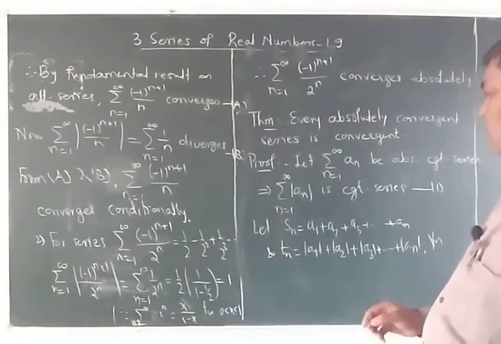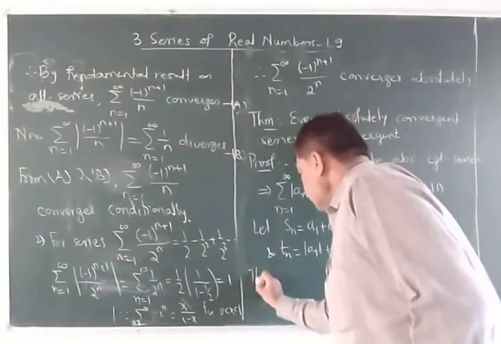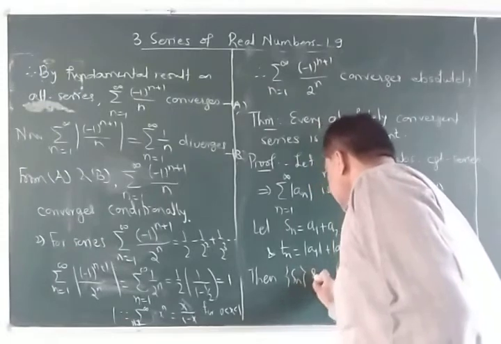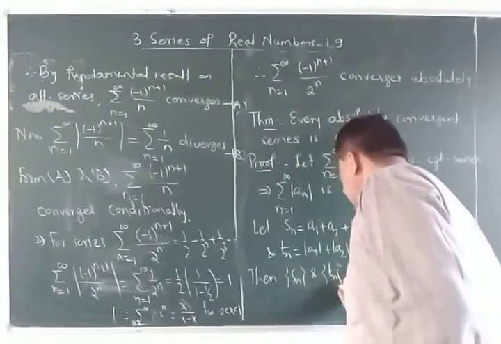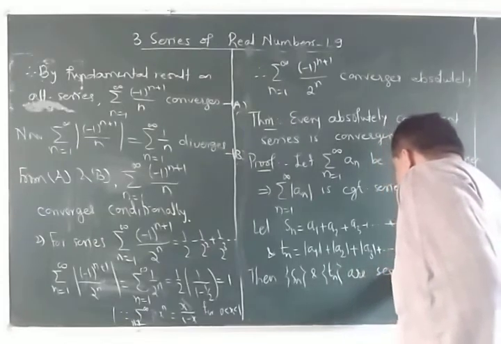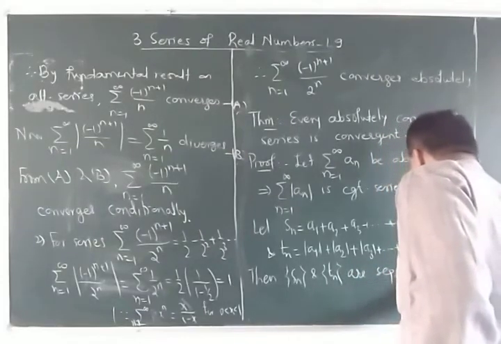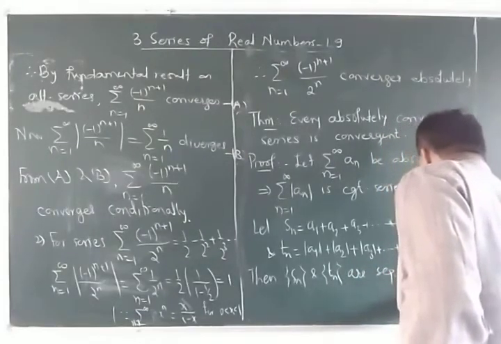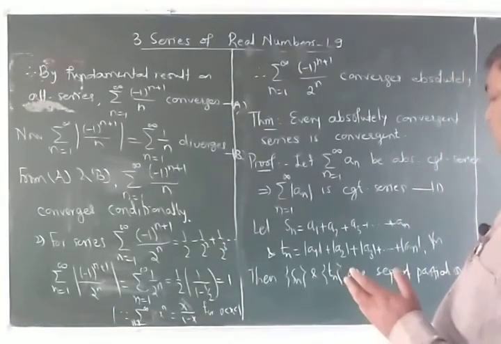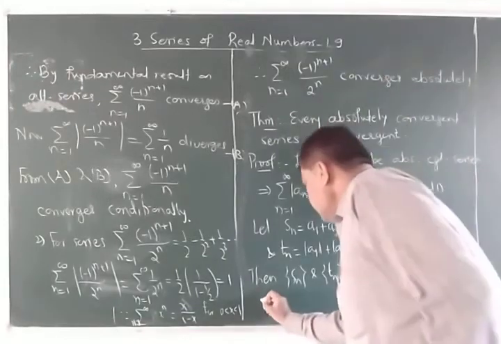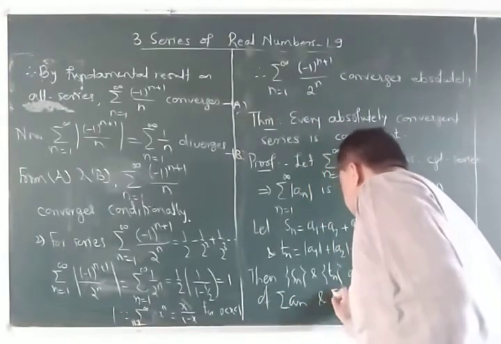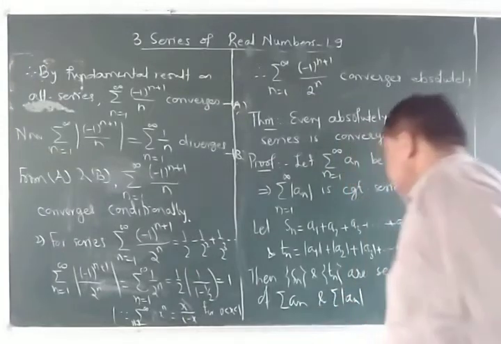Then S_n and T_n are sequences of partial sums of summation a_n and summation mod a_n respectively.